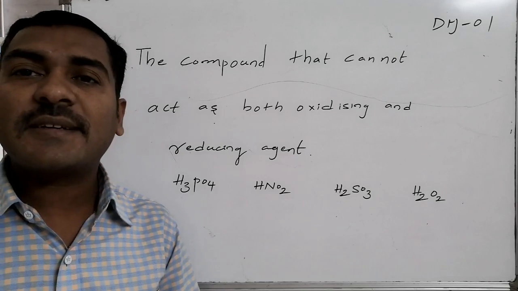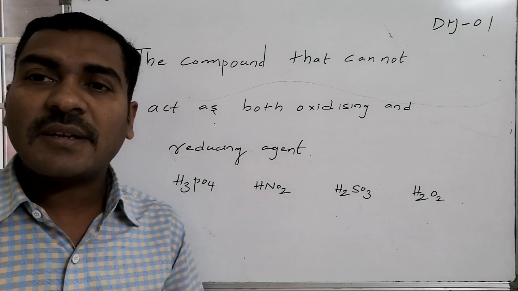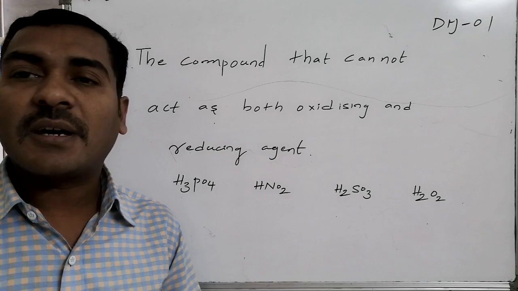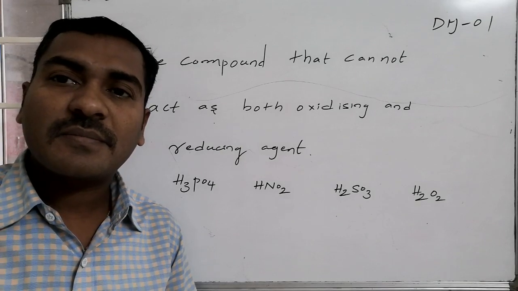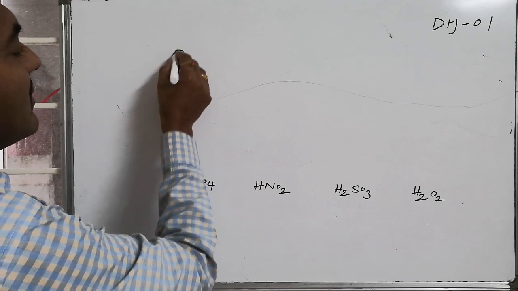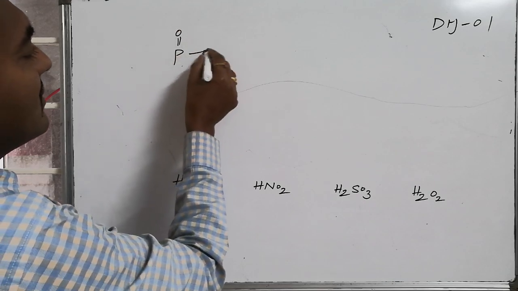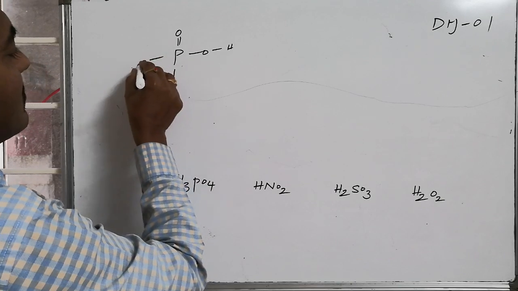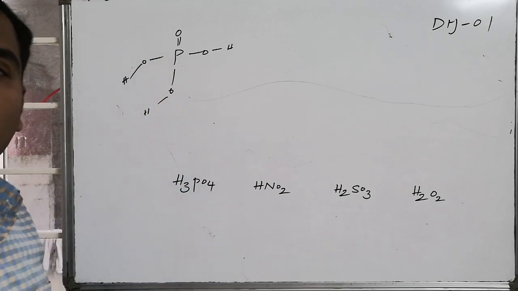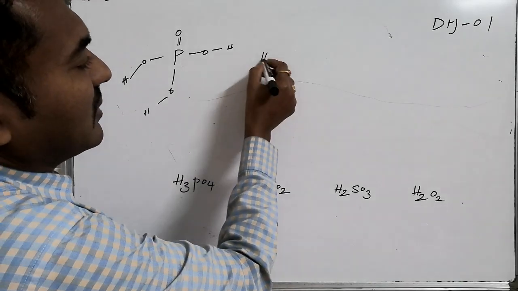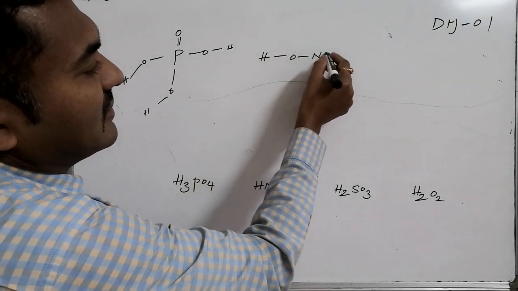Before going into details, let us have a look over the complete structure as well as oxidation number of the optional compounds. For thorough understanding, the structures are: this is H3PO4, known as phosphoric acid, and this one is HNO2, known as nitrous acid.